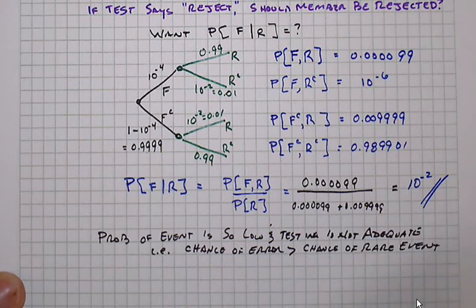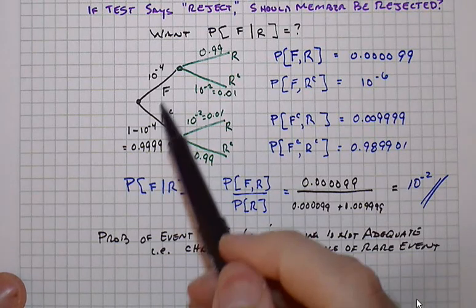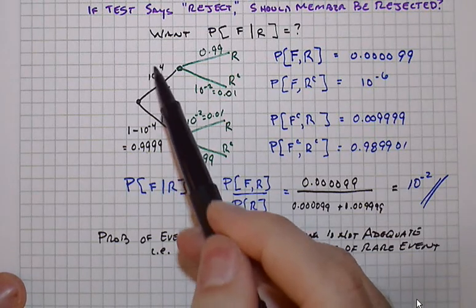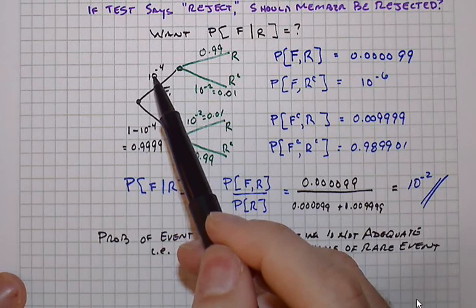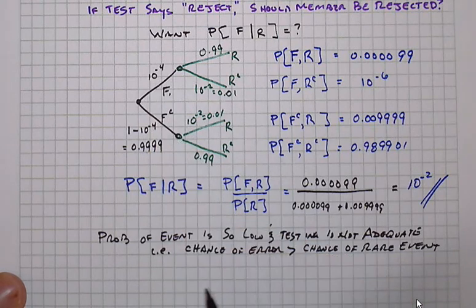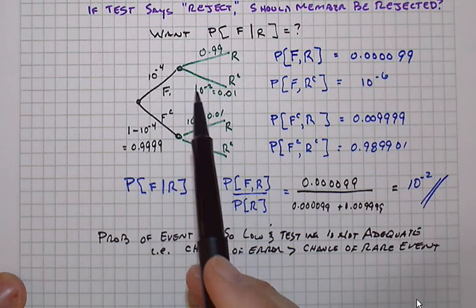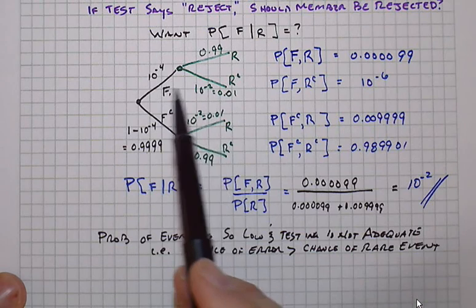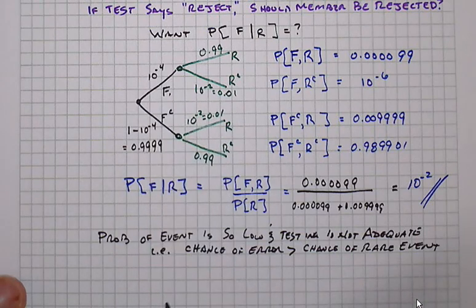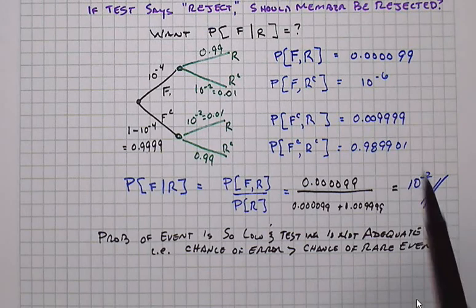It was a good thing that our chance of having a crack was only 10 to the minus 4th, but our chance of error was 2 orders of magnitude larger than that. And that really is driving these funny numbers that we're ending up with here, and ultimately saying that we don't have a very good situation.